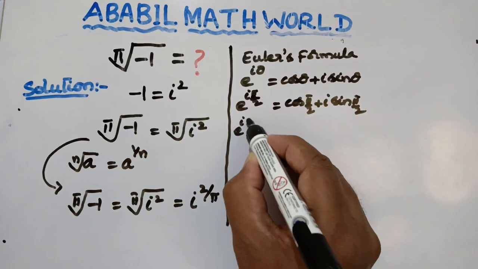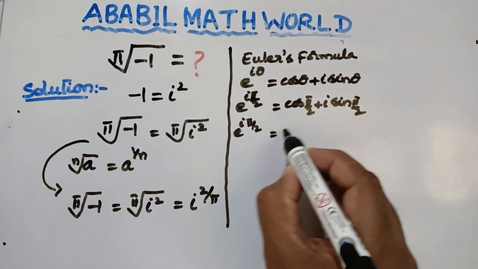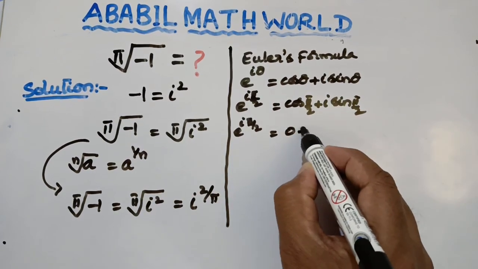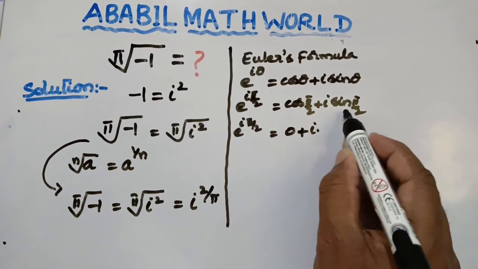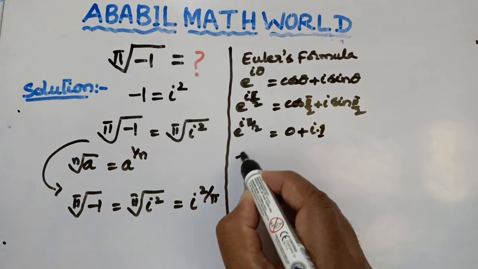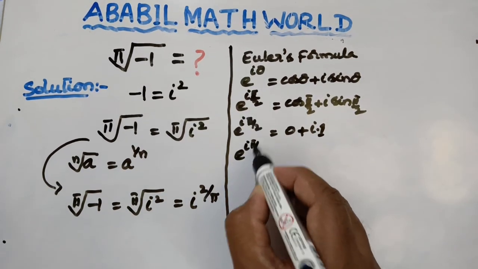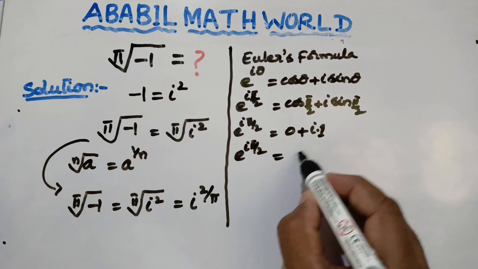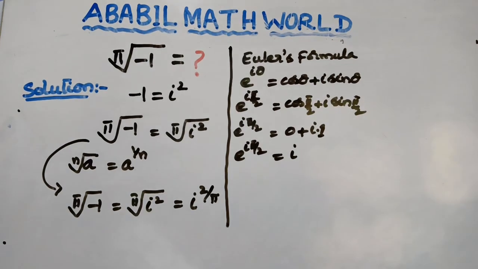So e to the power of i pi by 2 is equal to cos pi by 2 is 0, i into sin pi by 2 is 1. So e to the power of i pi by 2 is equal to i.